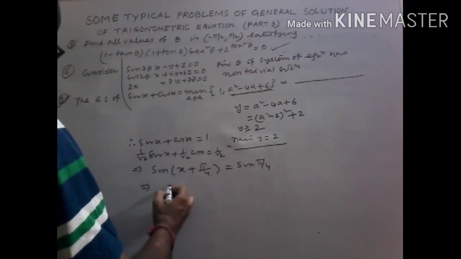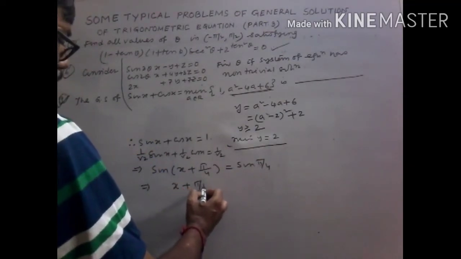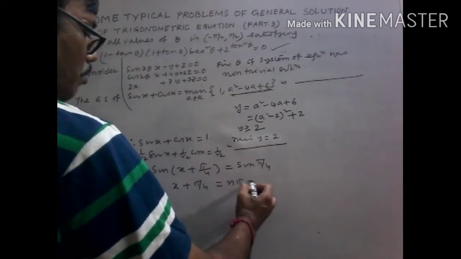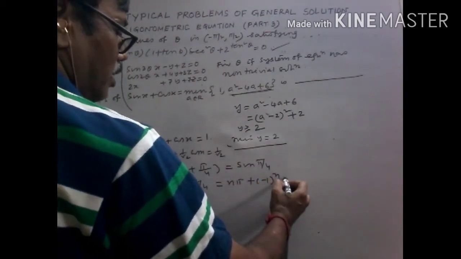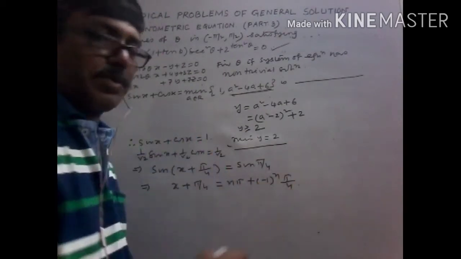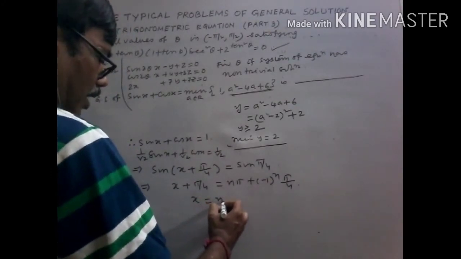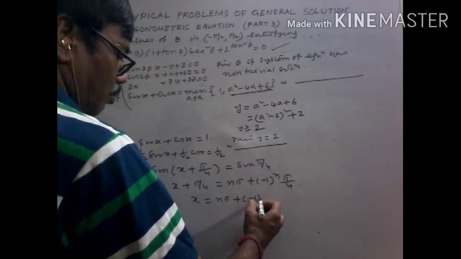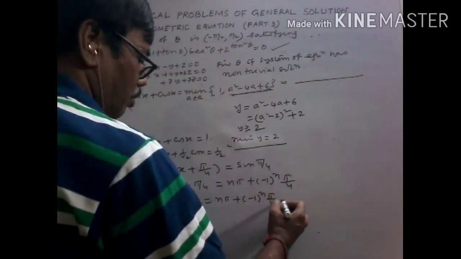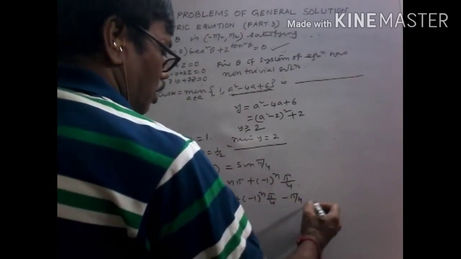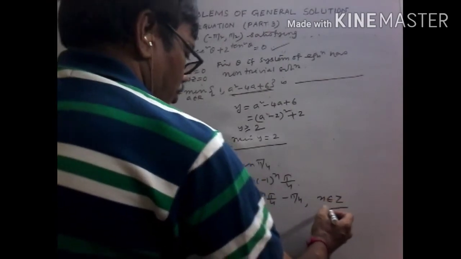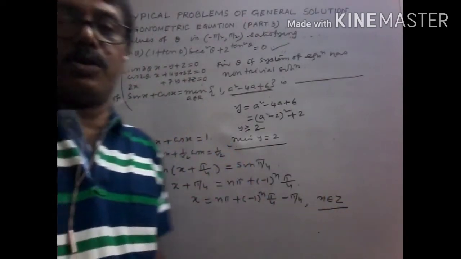So what is the general solution? x plus pi by 4 equals n pi plus minus 1 to the power n into pi by 4. So x is n pi plus (minus 1) to the power n into pi by 4, minus pi by 4, where n belongs to Z.